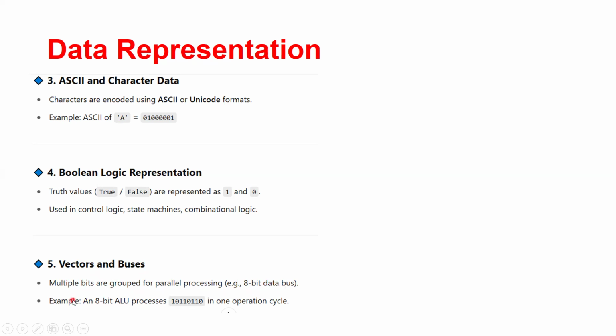An example would be, let's say you have an arithmetic logic unit, which is an 8-bit ALU that will process this 8-bit number in one operational cycle. If it is a 16-bit ALU, then 16 bits are grouped together to be processed in parallel in one operation cycle.